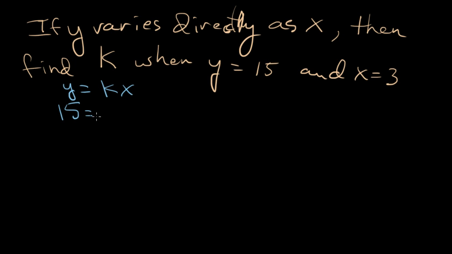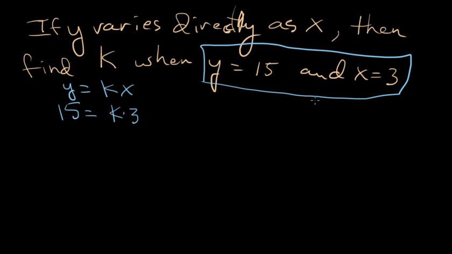So y equals 15 when x equals 3, so 15 equals k times 3. First of all, I don't even need to worry about my equation. I've got a y and an x. 15 over 3 equals 5, doesn't it?